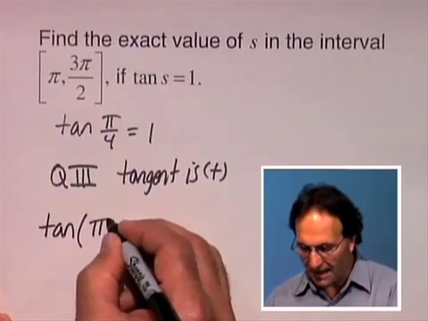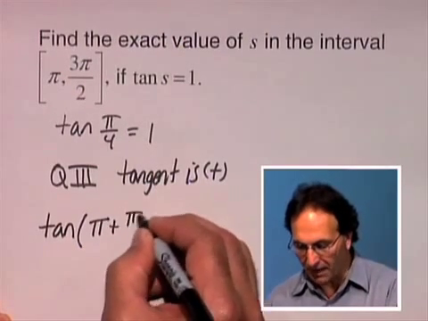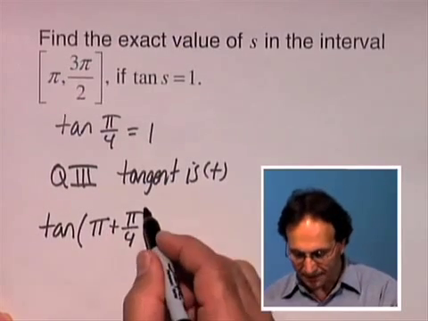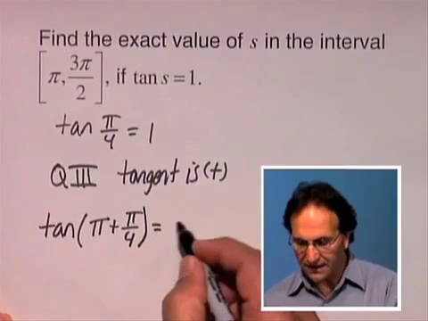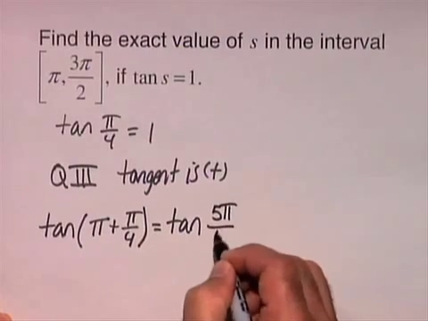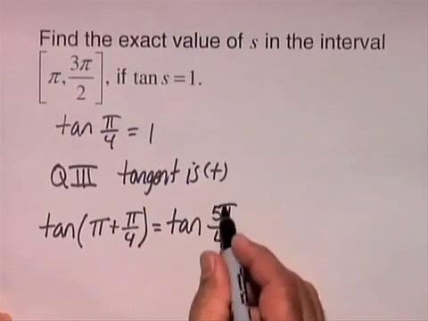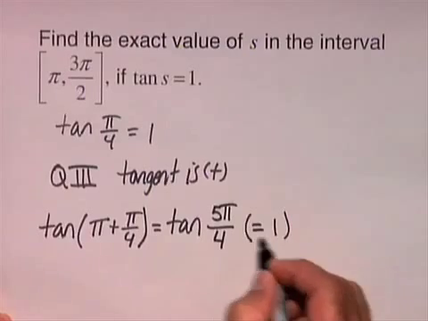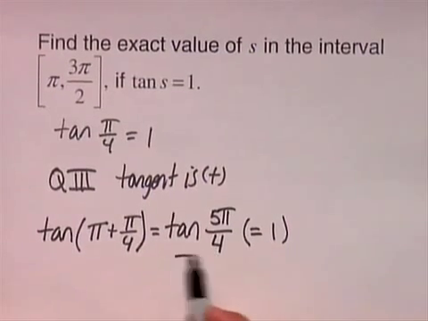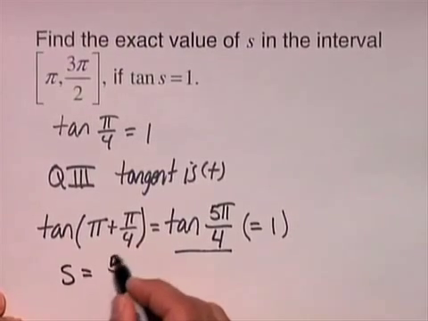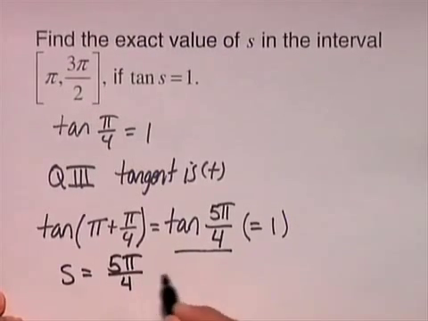So we'll have pi plus the pi over 4, the reference angle, added to the pi. And so that's equal to tangent of 5 pi over 4. And tangent of 5 pi over 4 is then also equal to 1, which is exactly what we were looking for. So s is equal to 5 pi divided by 4 radians.